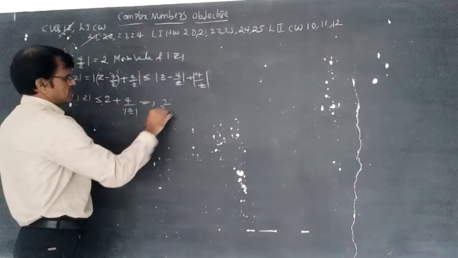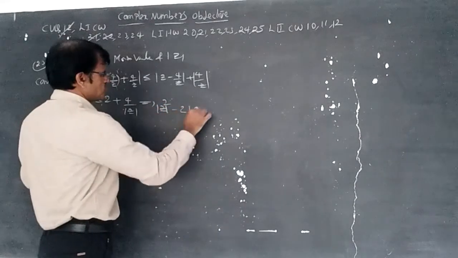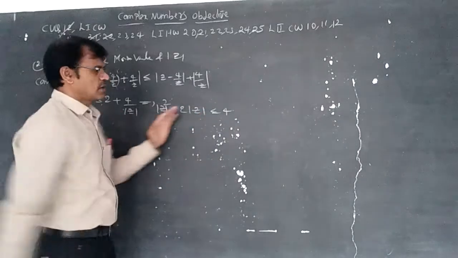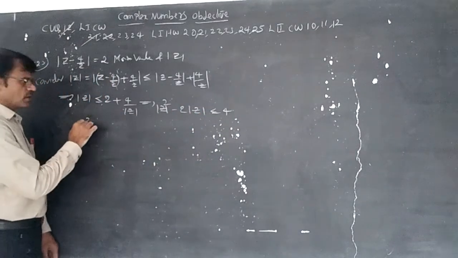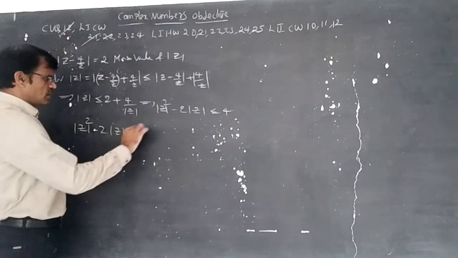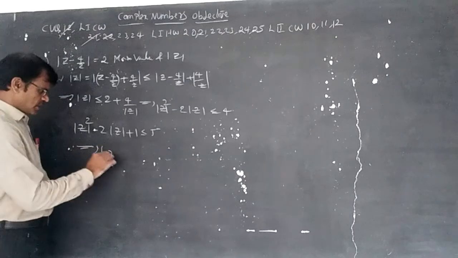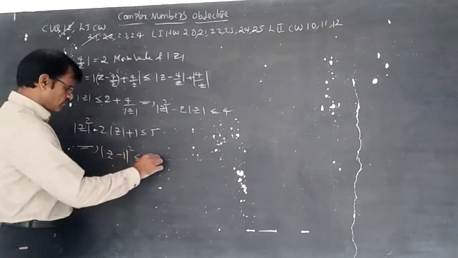That implies, by writing like this, z square minus 2 mod z, this is 2, z square minus 2 mod z less than or equal to 4. And the next step, modulus of z square minus 2 mod z plus 1 less than or equal to 5. That implies you can write this as modulus of z minus 1 whole square less than or equal to 5.